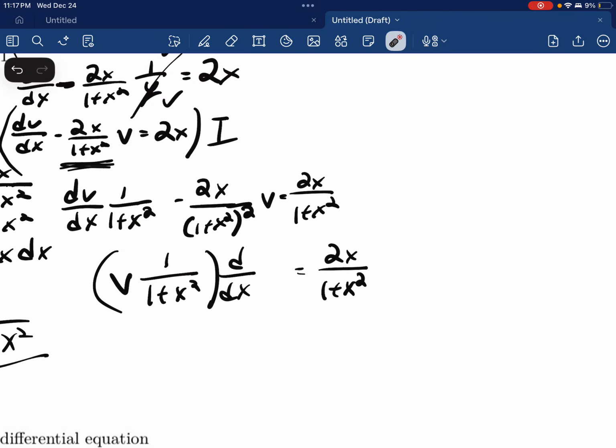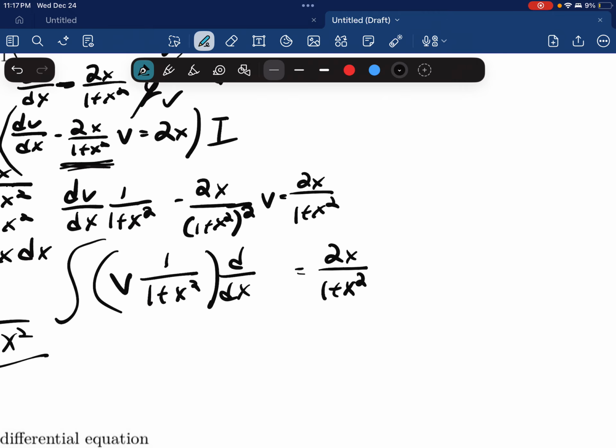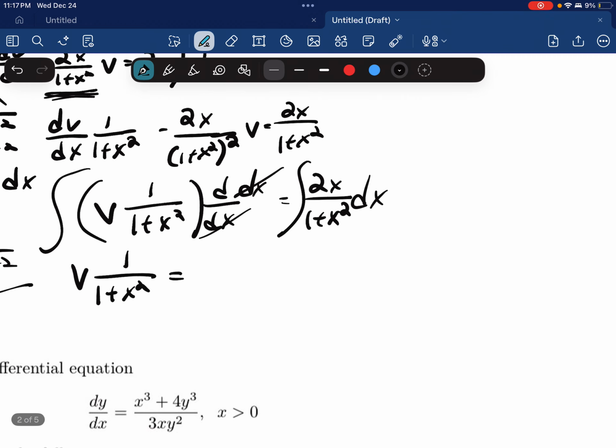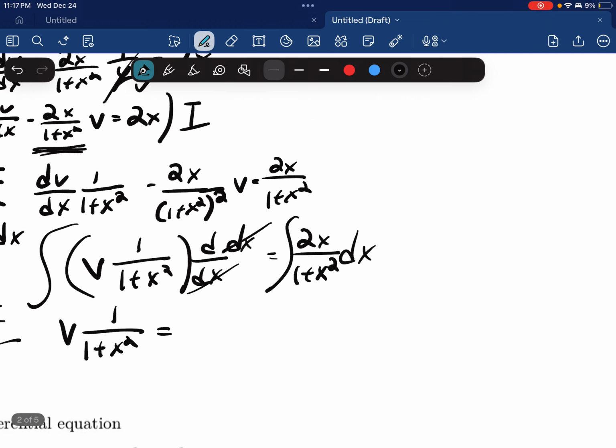Okay, very good. Now let's take the integral of both sides. On the left-hand side, these two just kind of cancel out. And now you have v times 1 over 1 plus x squared equals, on the right-hand side, we can use a u substitution, let u equal 1 plus x squared, du equals 2x dx.